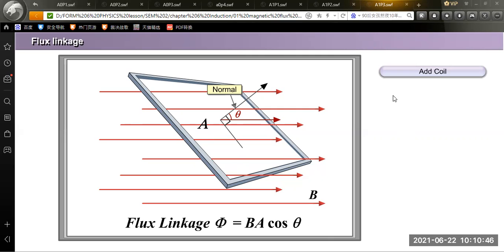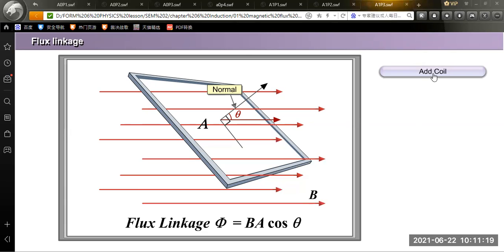As we learned before in Form 5 physics, in the chapter of electromagnetism, the subtopic of induction, one of the factors that produce the strength of the electromagnetic force will be the number of turns.